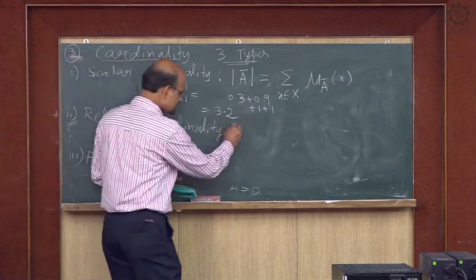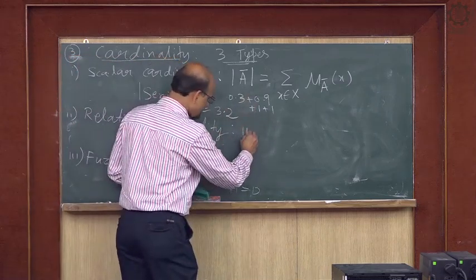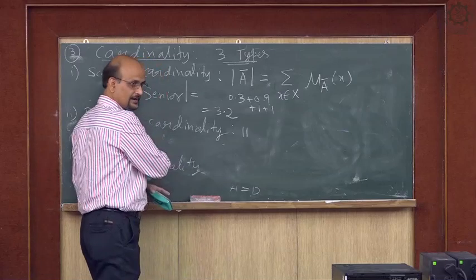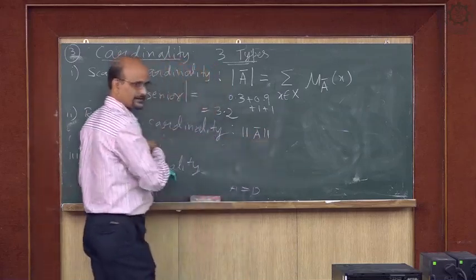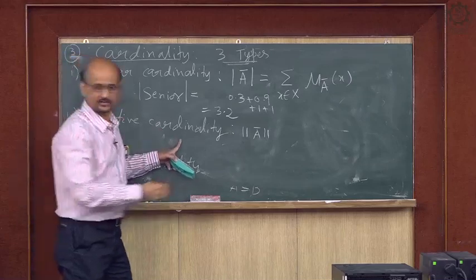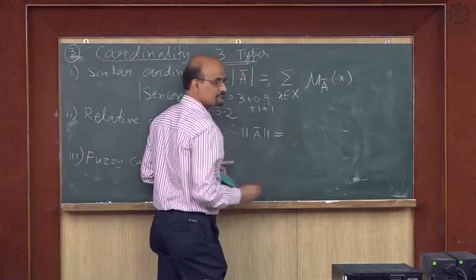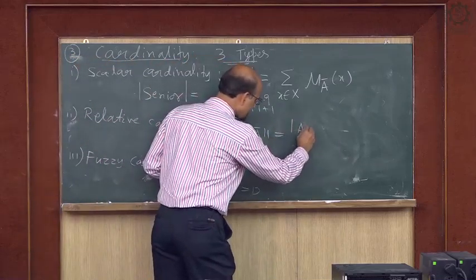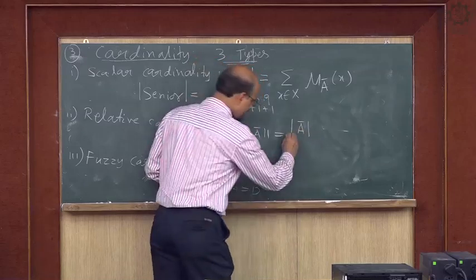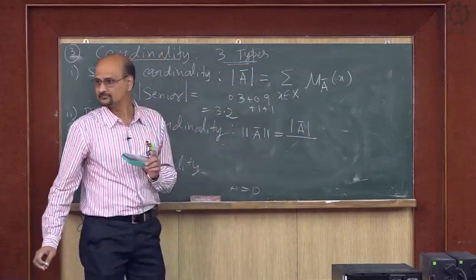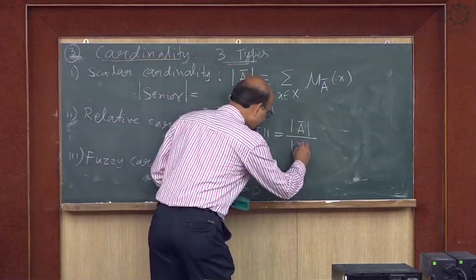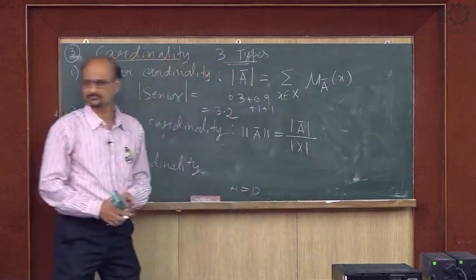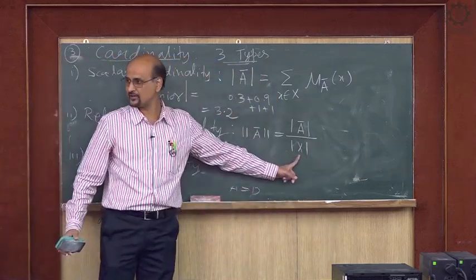So, here this is defined as, so I denote by this double line for relative. Relative cardinality is defined as scalar cardinality of A bar divided by total X, and this X is actually crisp.